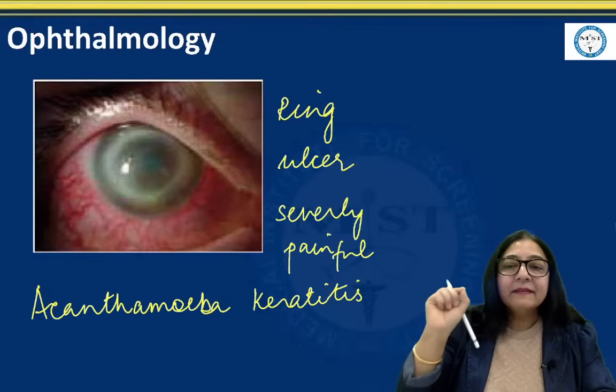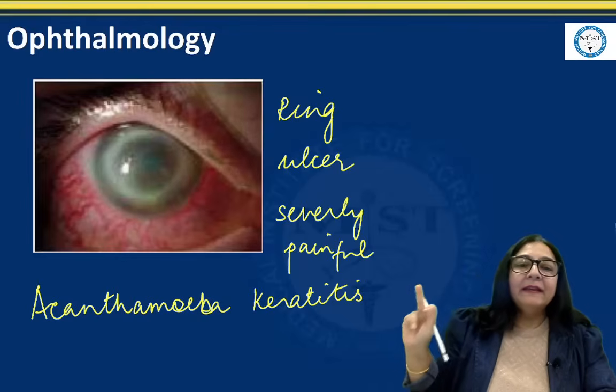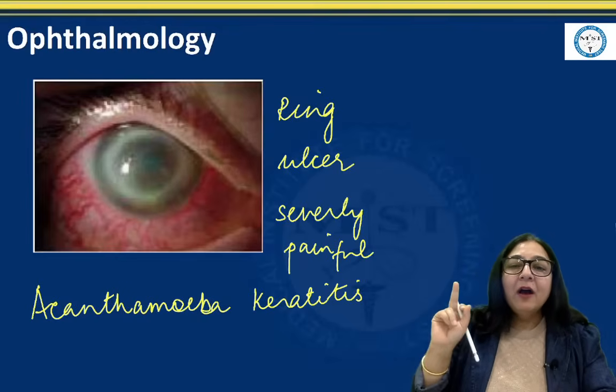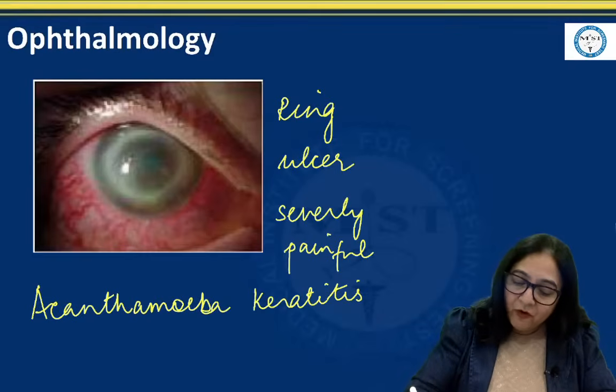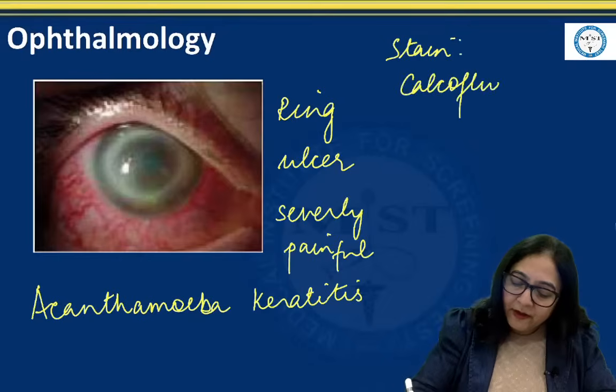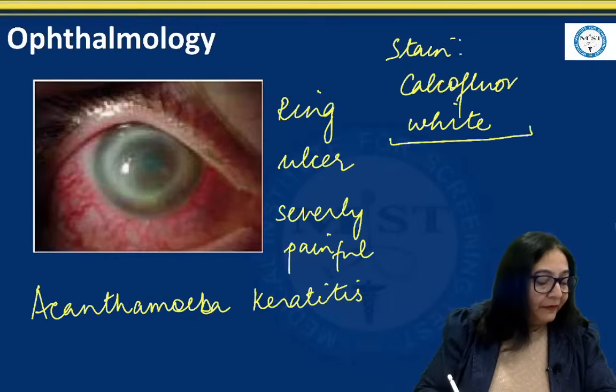What stain is used to identify acanthamoeba on corneal smear? The stain is calcofluor white. That is the specific stain for acanthamoeba.